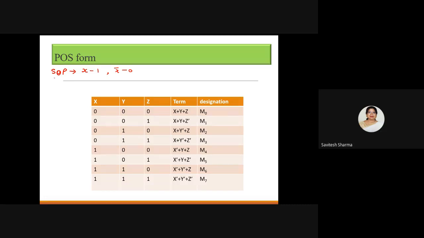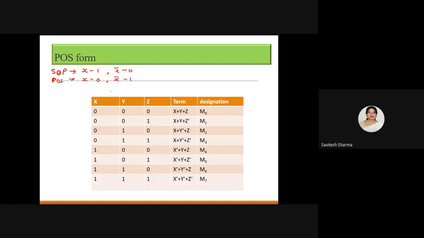Today I will do the opposite in POS. If your variable is 0, you will use that variable as x, otherwise you will take it as complement. So see, this is opposite now. For POS form you will take x for 0, and x complement for 1.